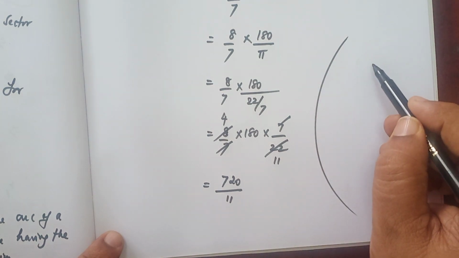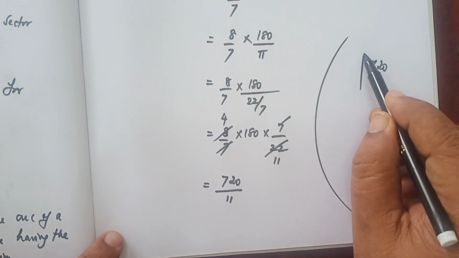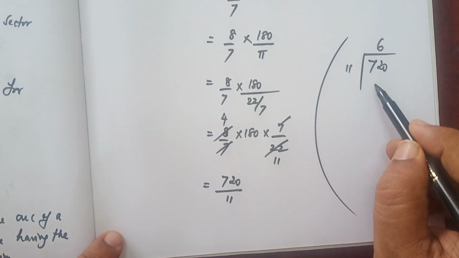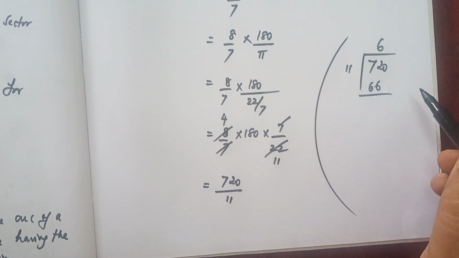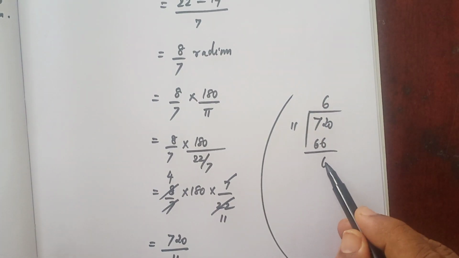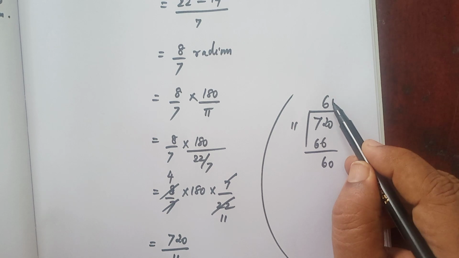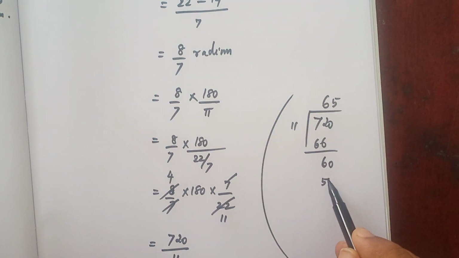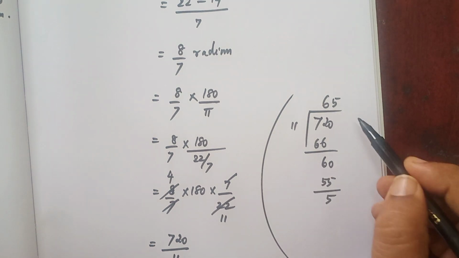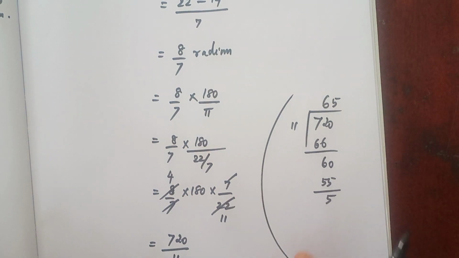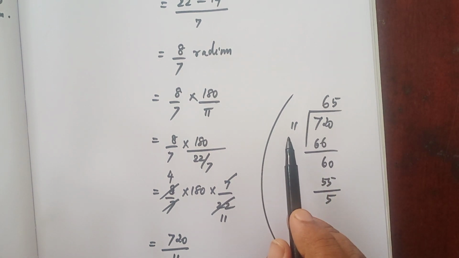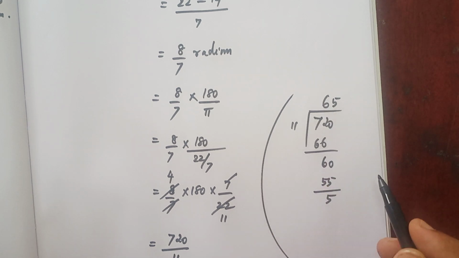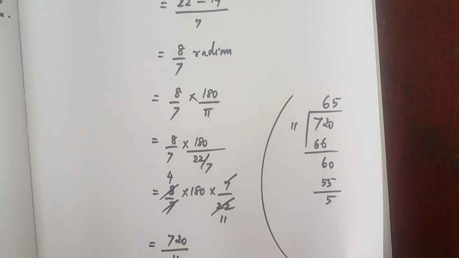Now you have to divide 720 by 11. I do the calculation here. 11 sixes are 66, balance 6, 0. 11 fives are 55, balance 5. So this can be written as 65 and 5 by 11 degrees, in mixed fraction.